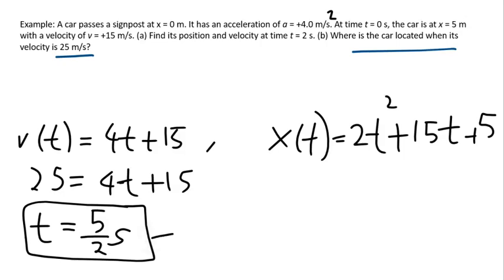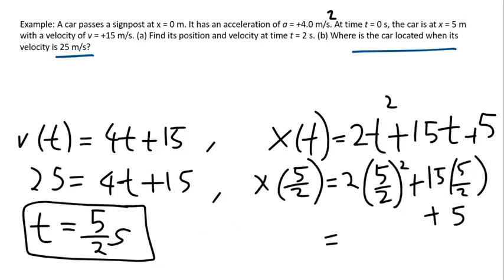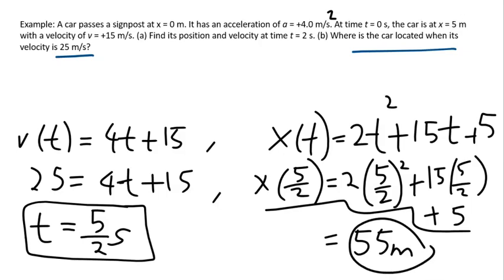All you have to do now is to substitute this time inside the expression for x, the position, and that's going to give you 55 meters. So that's the position when the car is moving with a velocity of 25 meters per second.